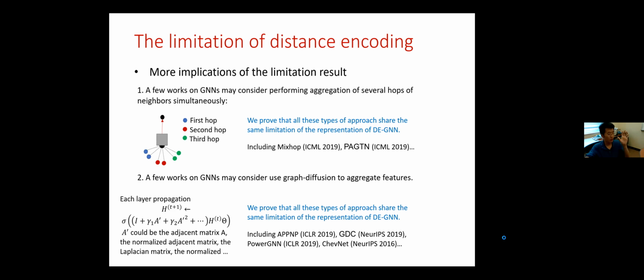This matrix could be the adjacency matrix, normalized adjacency matrix, Laplacian matrix, or normalized Laplacian matrix. You can plug all of them in. So this covers a lot of models and techniques proposed previously to improve the power of graph neural networks, and we show that they actually share the same limitation as I showed in the previous theorem.